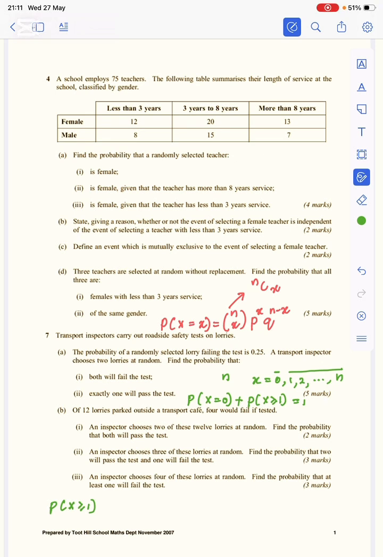Okay, so same as that, for x greater than or equal to 1, you can consider it as 1 minus probability x equal to 0, right, from this. If I explain further, you can consider probability x less than or equal to 2 plus probability x greater than or equal to 3 as 1.